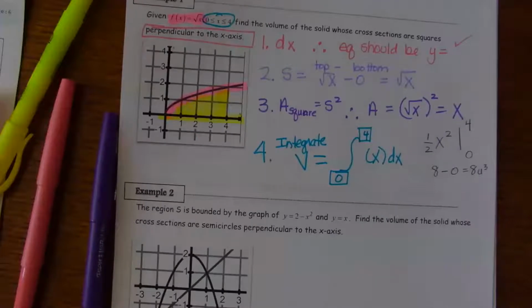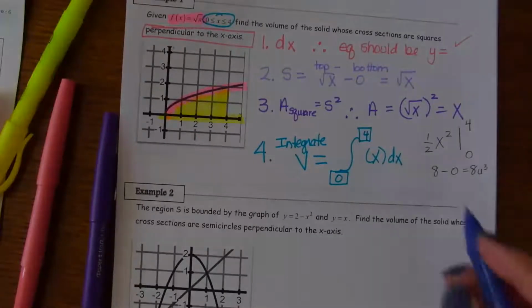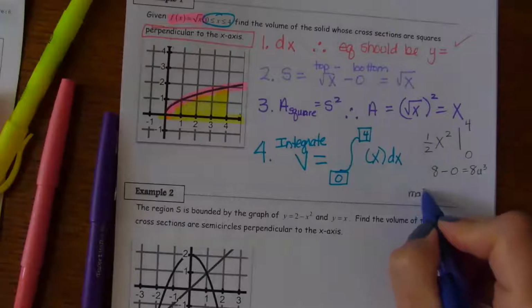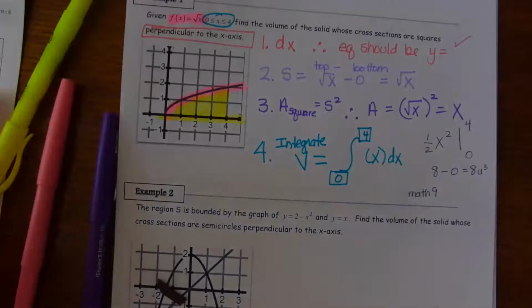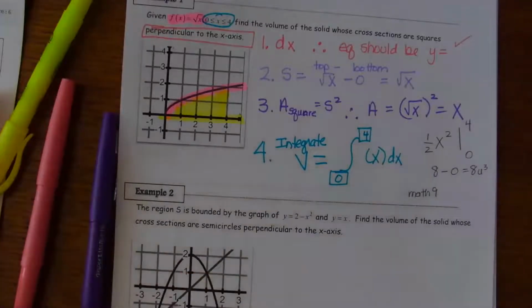How do you do it with your calculator? Everybody have your calculator out, and you're going to do math 9. So practice with a math 9. If you don't have a calculator with you, you need to remember to bring one next time. But where can you get one? In your phone? Yes.